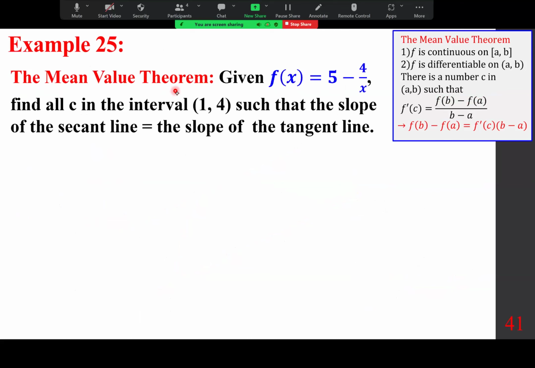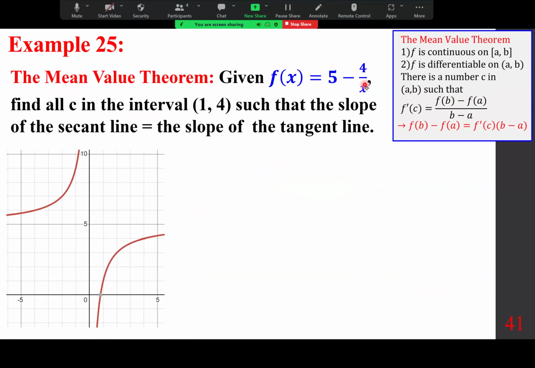The mean value theorem. Given f of x equals 5 minus 4 over x, find all C in the interval of 1 to 4 such that the slope of the secant line equals the slope of the tangent line. Let's quickly look at the graph of this function.